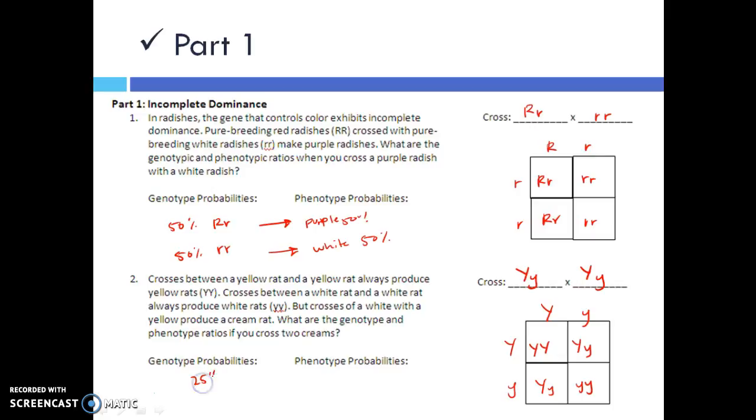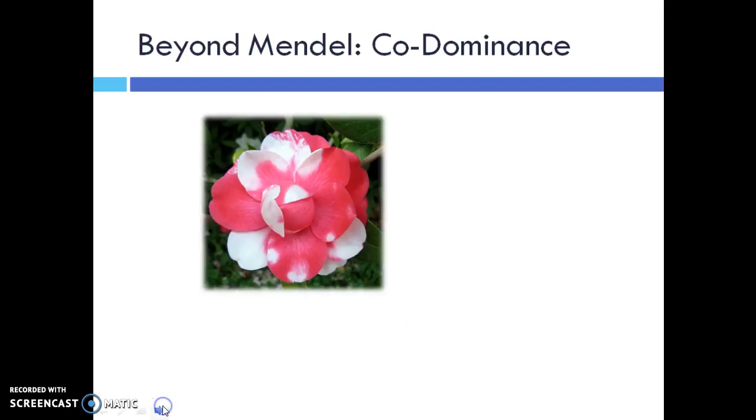So we've got 25% big Y, big Y, 50% big Y, little y, and 25% little y, little y. That correlates to yellow rats, 25%, 50% cream, and 25% white. Pause here if you need to make corrections, and let's head back to the notes.